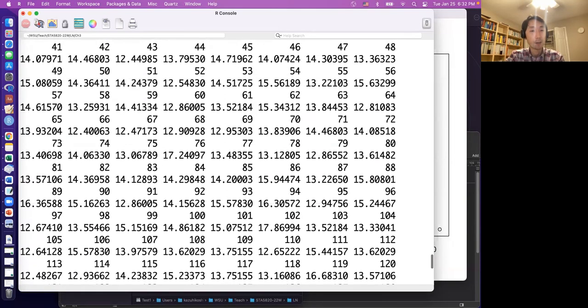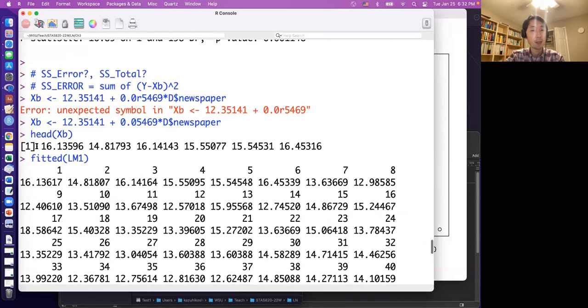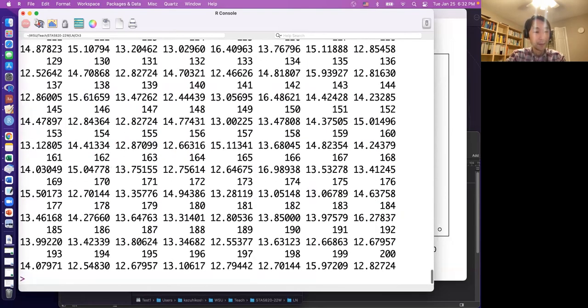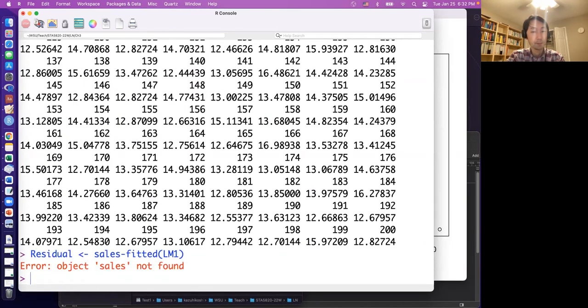You can see that these numbers and these numbers are the same. So if you want to calculate beta naught plus beta 1 times x1, the intercept plus 0.05469 times newspaper, you can just use the fitted function. So if we subtract fitted LM1 from sales, this becomes the residual.